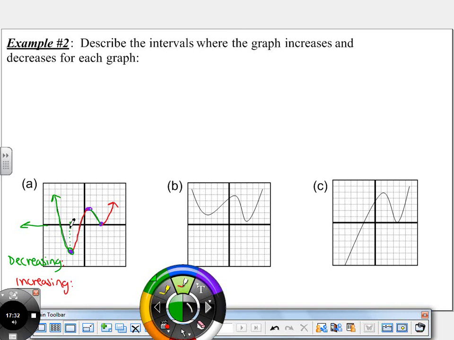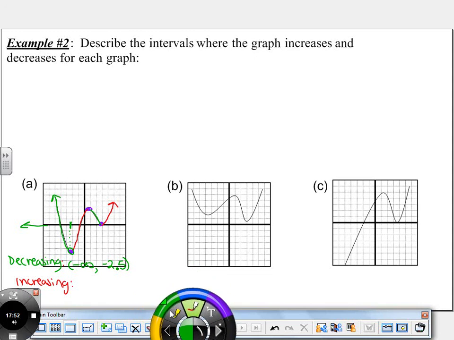So we are decreasing from negative infinity, because forever to the left, up until we hit the point negative 2.5. Then we'll argue later about whether at negative 2.5 we're increasing, decreasing, whatever. So for right now, we'll just leave the parentheses like this.